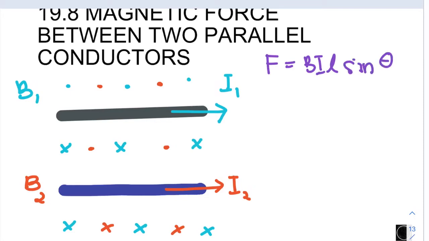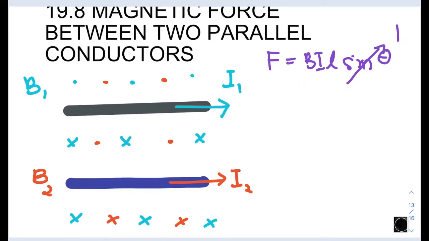L is the length of the wire. Theta is the angle between the current I and the B. If you see here, B and I are perpendicular to each other. Therefore, it's sin 90, which gives us a value of 1. So we are left with only BIL.